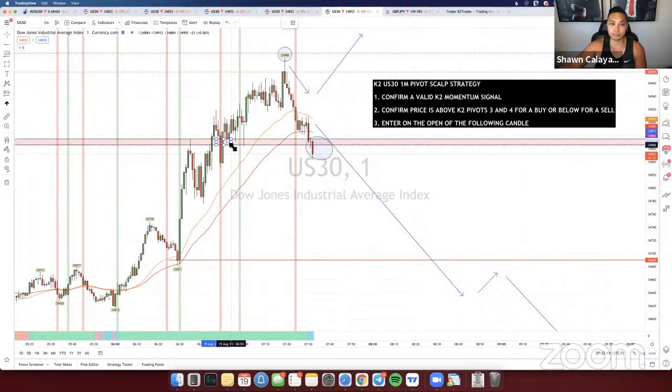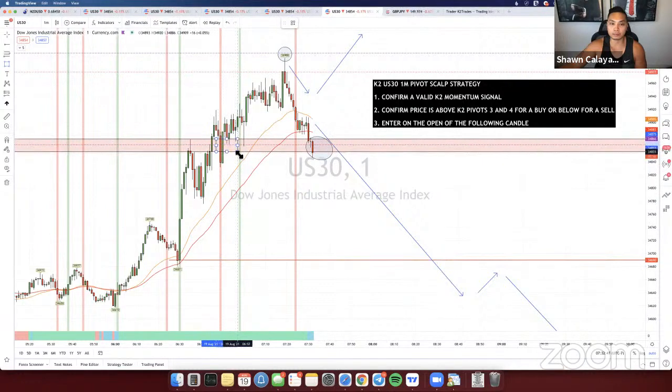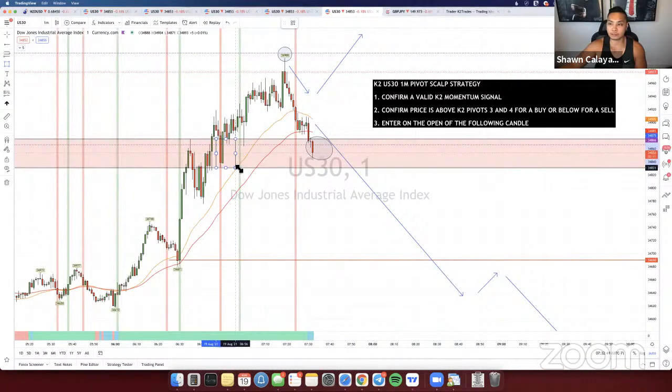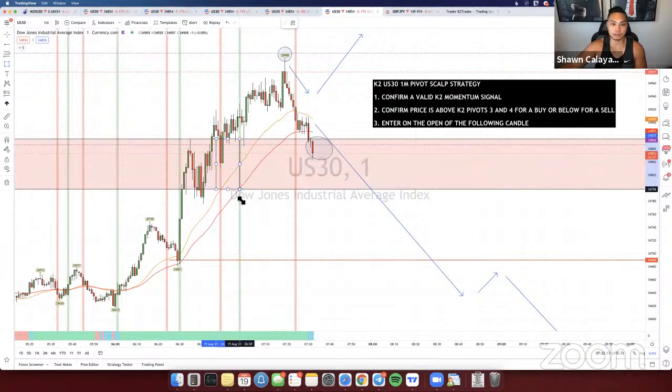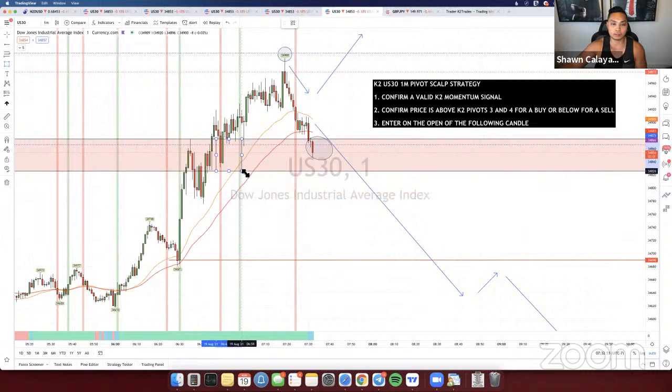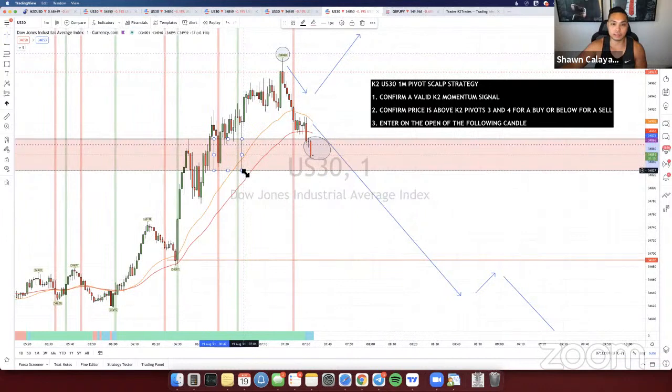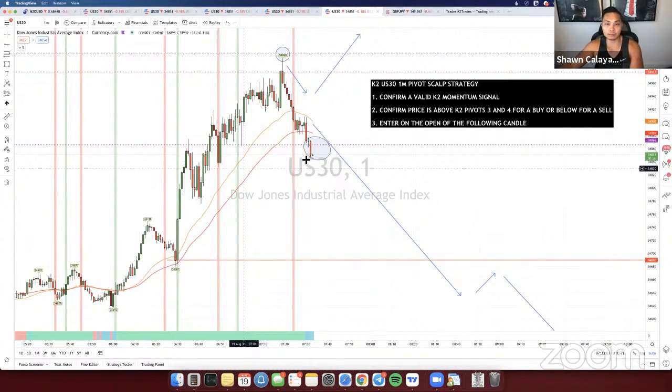Looks like it might have broken it at this point. I'm not sure where the order block is, but I'm assuming it's somewhere around this area. So maybe it's just bouncing off this order block area. I don't know if this is what you drew here, because I'm not sure where you found the order block on what time frame, but if this is your order block right here, it can easily bounce above or it can drop below. But looking at this currently, I think it might continue dropping.